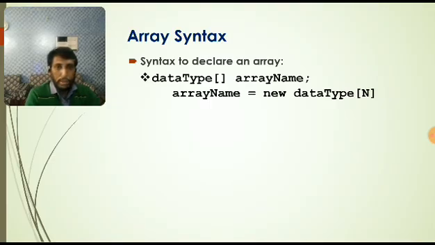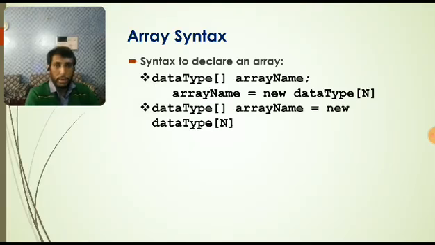So we will give array name, assignment operator, new keyword will be used to initialize data type and the name. So you can write like the top one and you can write like the bottom one also. Both ways it is working.